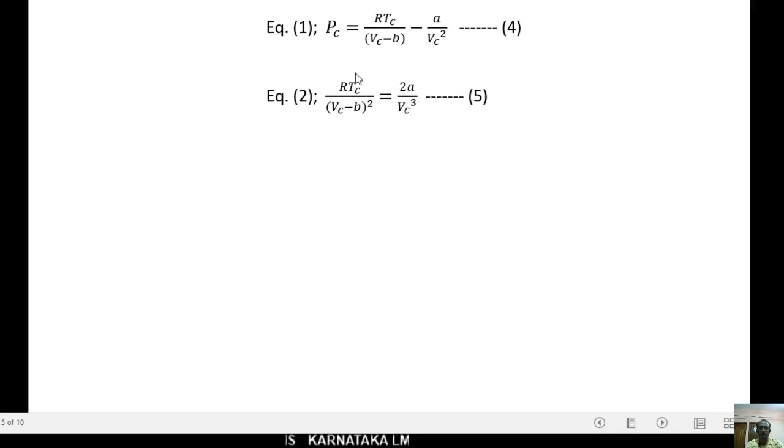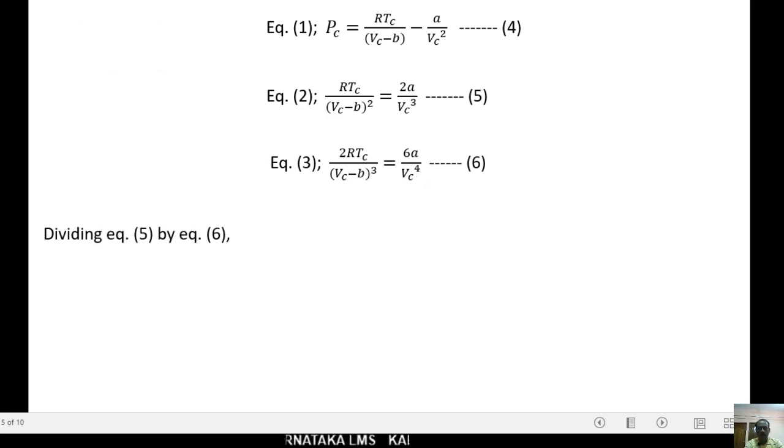Equation 2 becomes RTc divided by (Vc minus b) whole square equals 2a upon Vc cube; that will be equation 5. Similarly, equation 3 becomes 2RTc divided by (Vc minus b) whole cube equals 6a upon Vc to the power 4; let it be equation 6. Now divide equation 5 by equation 6. We get (Vc minus b) divided by 2 equals Vc upon 3.